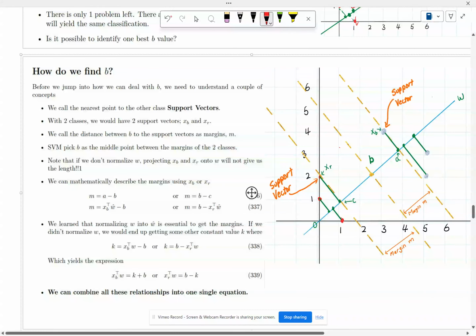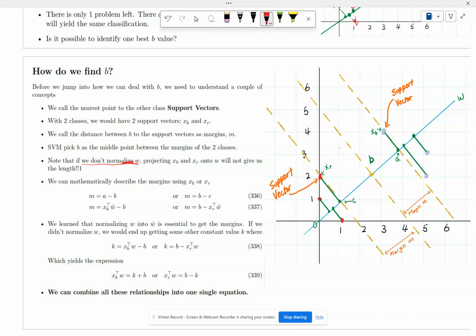Note that if we don't normalize W, when we project XR and XB onto W, it's no longer going to give us the distance, right? It's not going to give us this distance or this distance anymore.